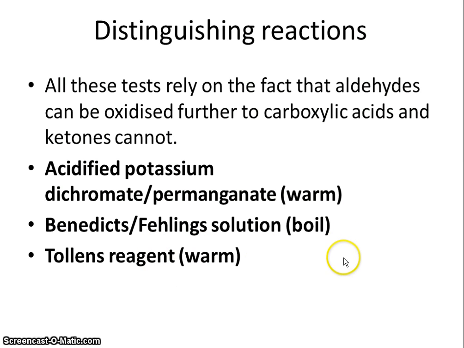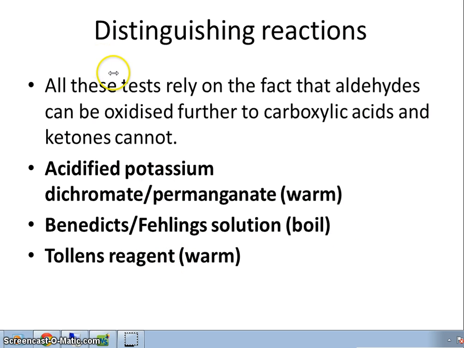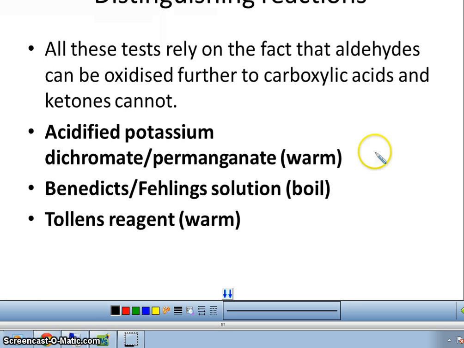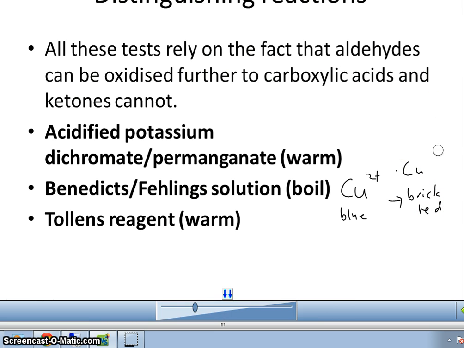Now, Benedict's and Fehling's solution are copper based. So these are Cu2+. This goes from blue to brick red. The brick red is due to the fact that you have Cu+ being made.